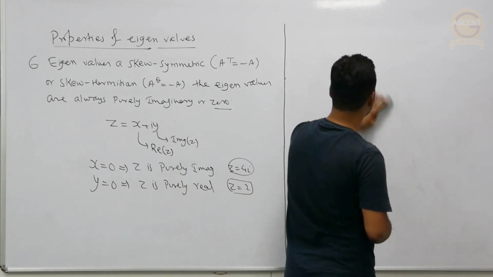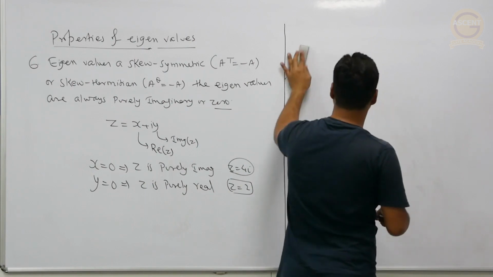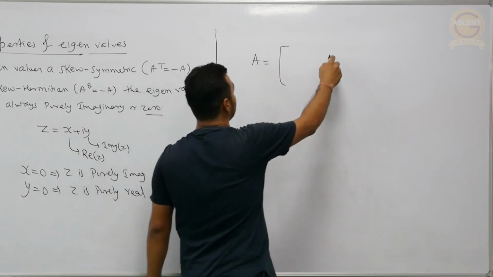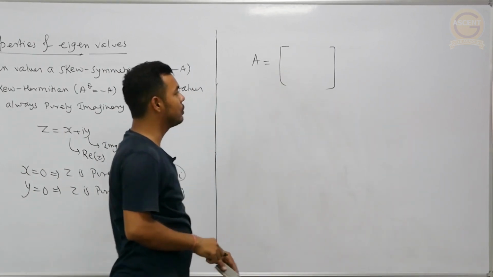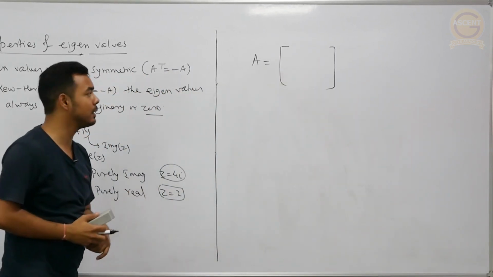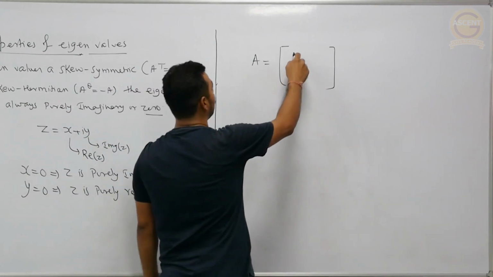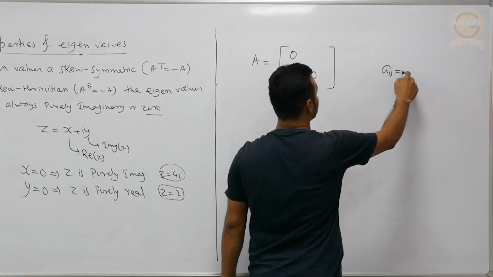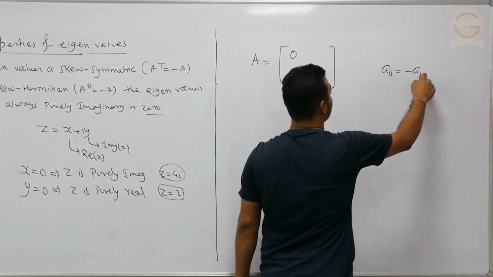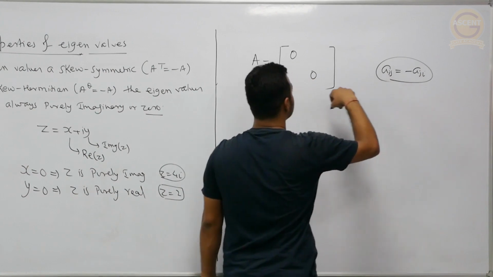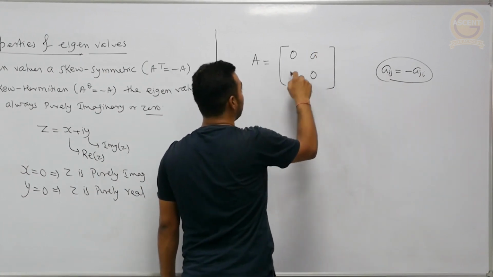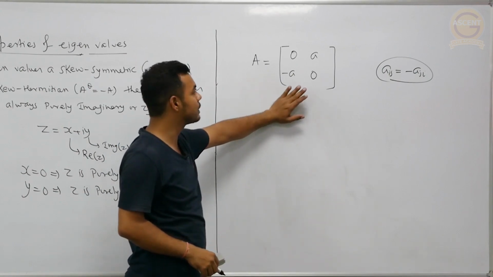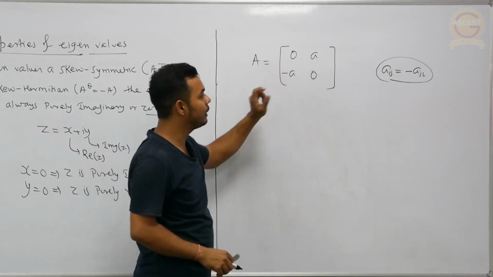In a skew-symmetric matrix, the diagonal elements are always 0, and Aij is the negative of Aji. So if I write a here, this element will be minus a. This is a general example of a 2 cross 2 skew-symmetric matrix.